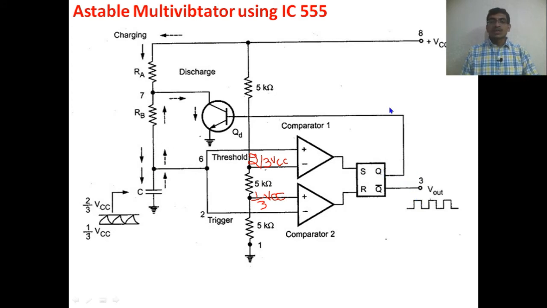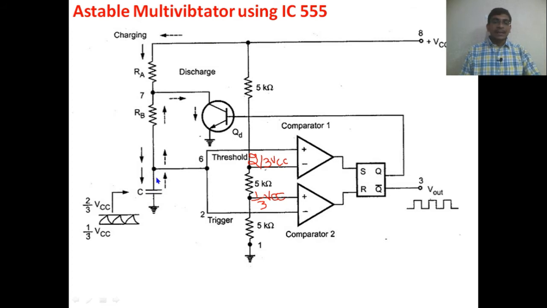Therefore, Q is equal to 0, and this Q equal to 0 makes the transistor turn off. Therefore, this capacitor C will start charging from the VCC through RA, RB and then C. This capacitor is charging through the resistors RA and RB.